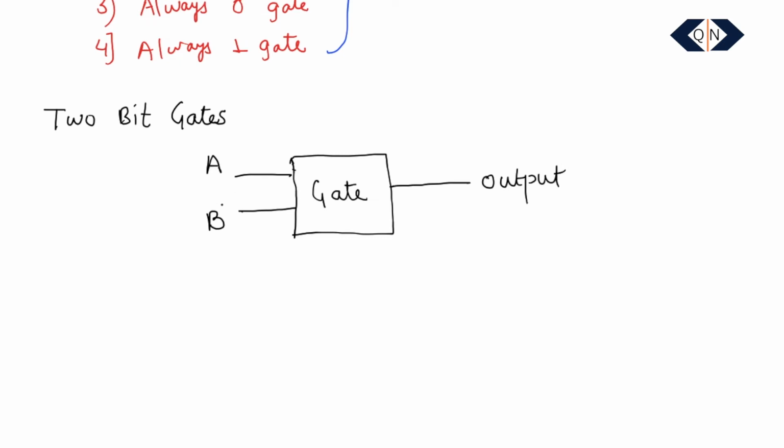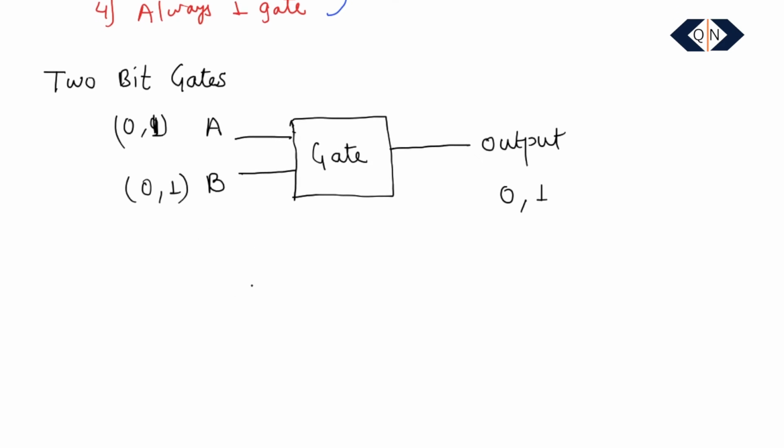In the case of one input, we had the combination of 0 and 1. Now since we have two inputs, we will have combinations. Suppose this is 0 1, we can fit 0 1 in this also. So how many combinations will there be? Let's see. A, B, and this is output.